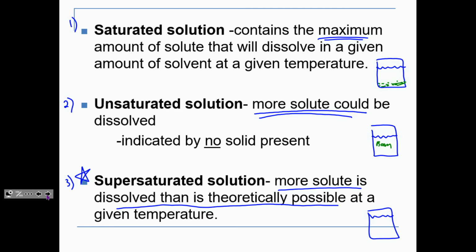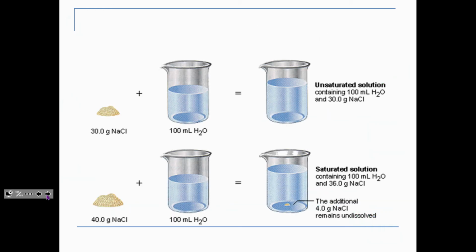A supersaturated solution means that we have dissolved more than enough than theoretically possible. So with an unsaturated solution, we would dissolve the 30 grams of sodium chloride here. We would stir it up, and there's more room. With a saturated solution, we would dissolve 40 grams, and we would see some stuff left at the bottom.